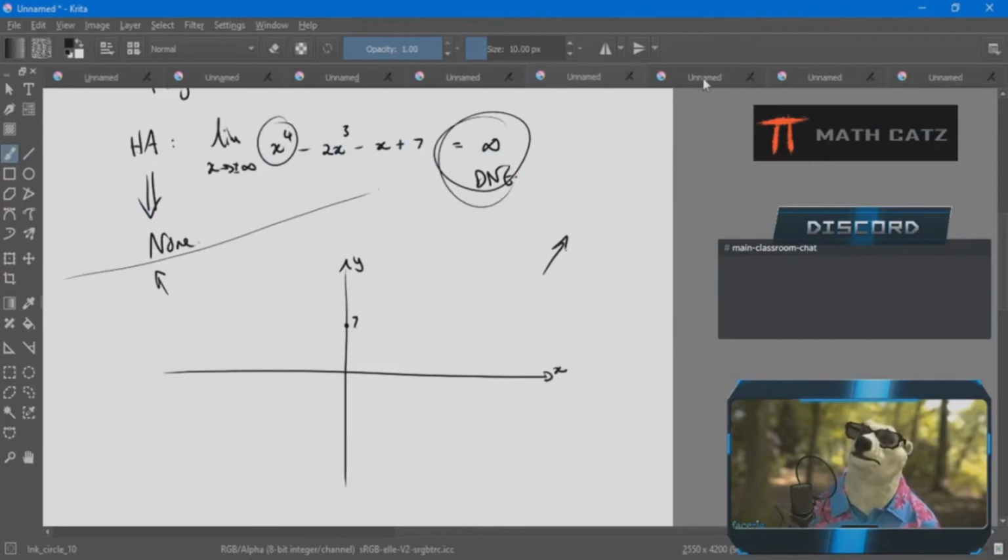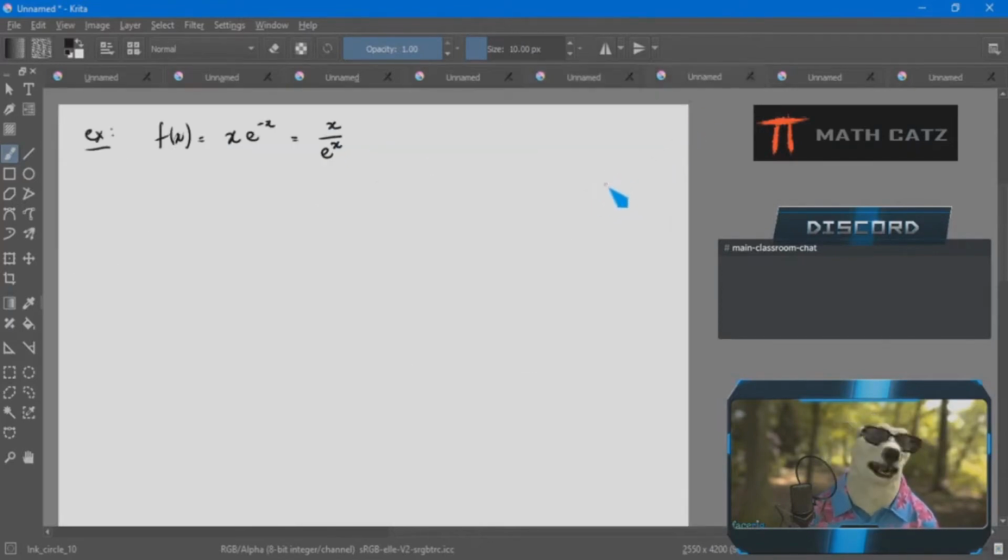Okay. So I don't want to spend too much time on rational functions and polynomials because these things we've done before. These other types of functions have something new that we need to focus on. And there is a lot to do. So, okay.